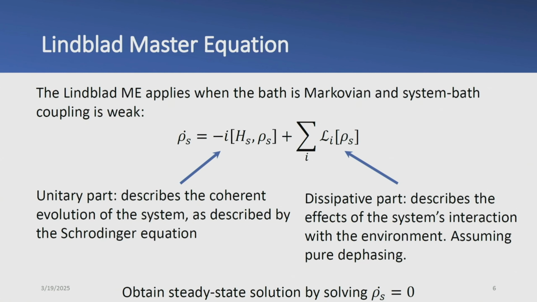This first term, the commutator, is the unitary part. You can obtain this just from the Schrödinger equation, and it describes the coherent dynamics of my system. And on the right, the second term is often called the dissipative part. This describes how the bath dissipates excitations in the system. I'm going to specifically use a pure dephasing model for my dissipator. I'm also going to be interested in studying the steady state of my system over the dynamics, which I obtain just by setting this equation equal to 0.